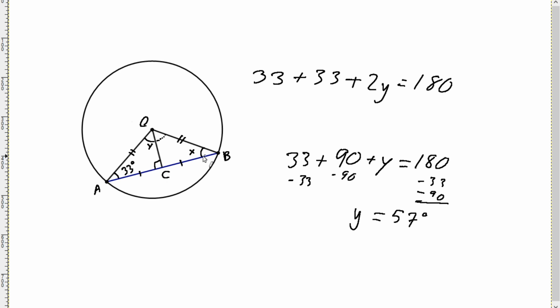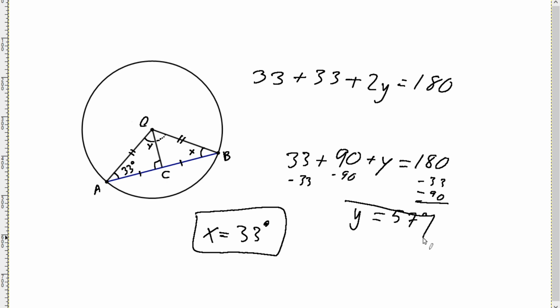So we have x, oh, I never actually wrote this down, x equals 33 degrees, and y equals 57 degrees. That's a little messy, excuse me. And that's example 1.